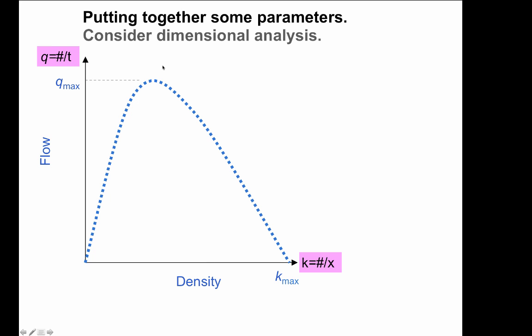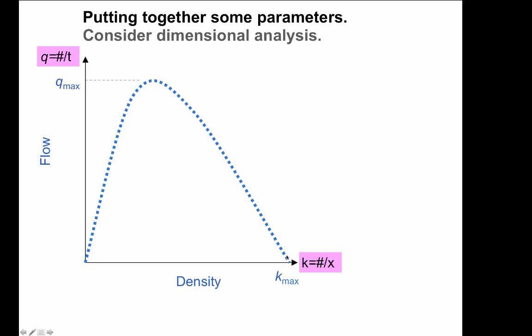I'm illustrating it here as a slightly different shape, a little bit more triangular in shape, just to emphasize the fact that the function could be of multiple forms. Just to remind you, this is the maximum flow on the y-axis. This is the maximum density on the x-axis.